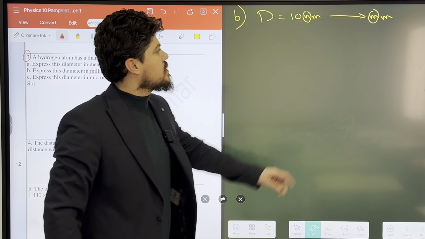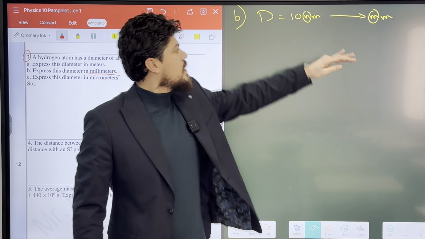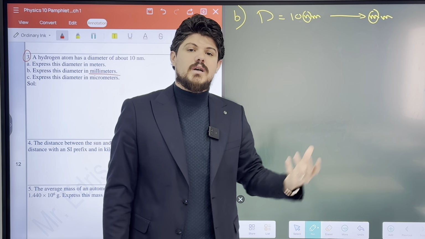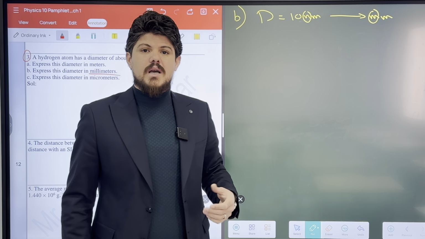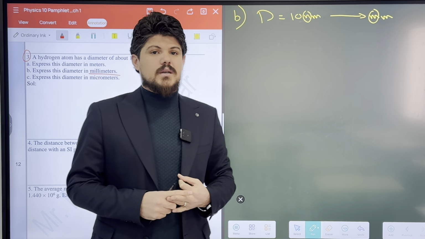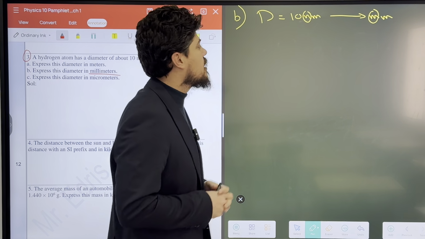This double M, what is the first M? Milli. The second M is meter. What is our dimension here in this question? Meter. Okay, because we have many different quantities, and we have three basic dimensions: meter, second, and gram, a kilogram. So gram, sorry. Okay, mass, length, and time.